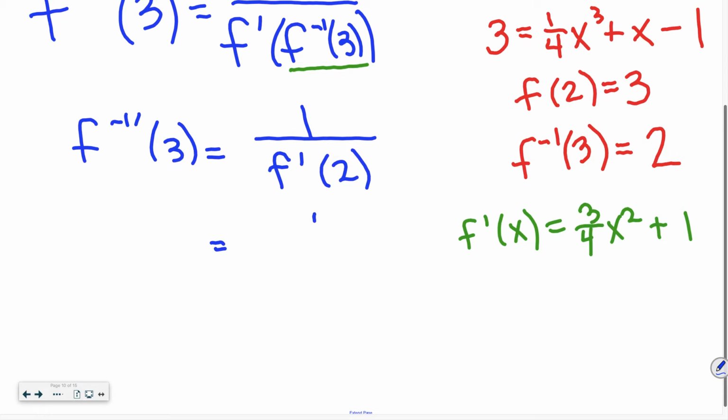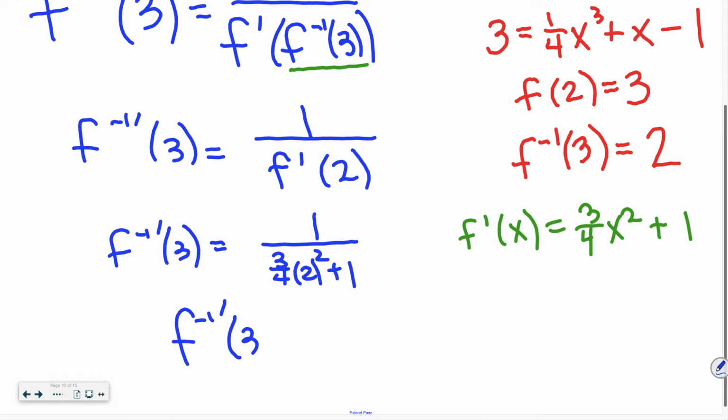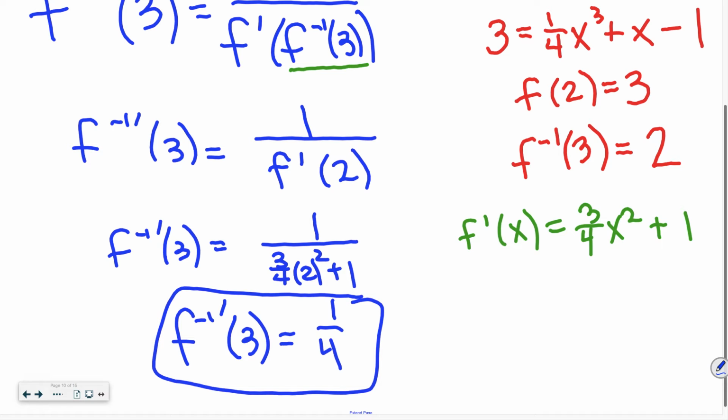So, f prime of 2, let's plug it in. When we plug in 2, what do we get? We get 4, so since we have 1 over it, we have 1/4.